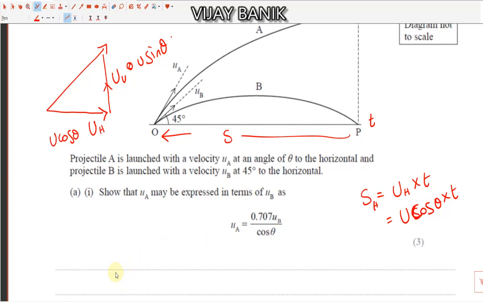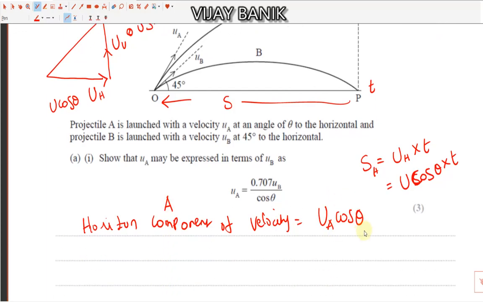So let's find the horizontal component of velocity. For A, it is going to be UA cos theta, because theta is not known to us.